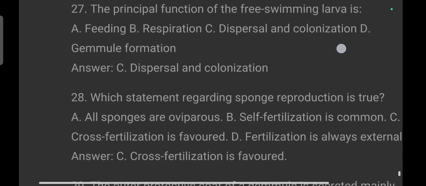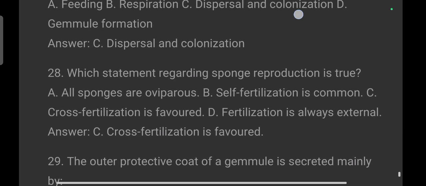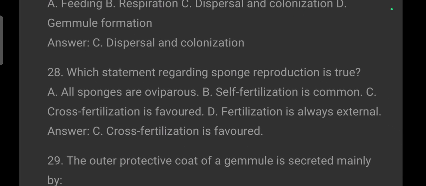Which statement regarding sponge reproduction is true? All sponges are oviparous. Self fertilization is common. Cross fertilization is favored. Fertilization is always external. Answer is cross fertilization is favored.